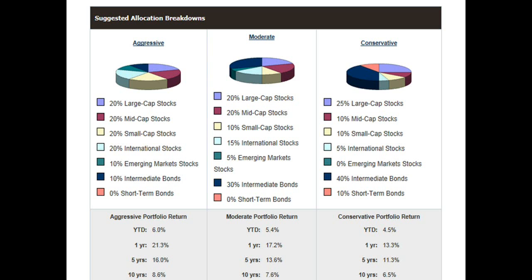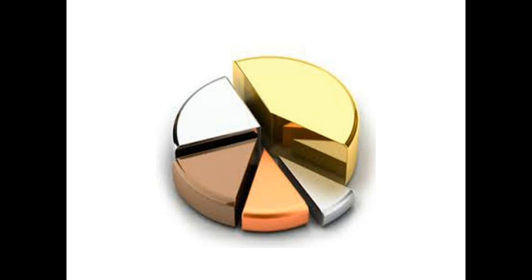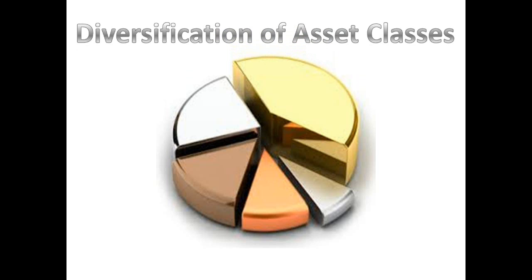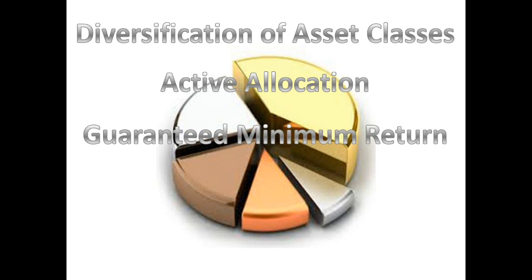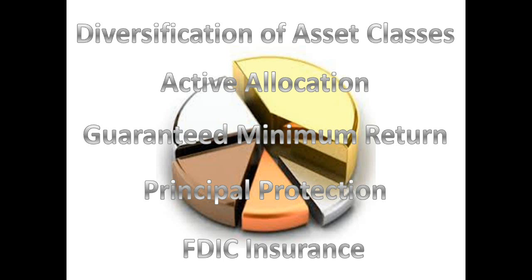But all of this becomes a moot point if your client is in the Goldman Sachs Momentum Builder multi-asset product. Because now they have diversification of 7 different asset classes, active allocation so that it's not a passive strategy, a guaranteed minimum annual return of 1% a year, guaranteed return of principal, and with FDIC insurance.